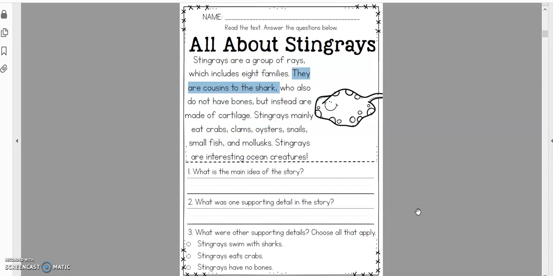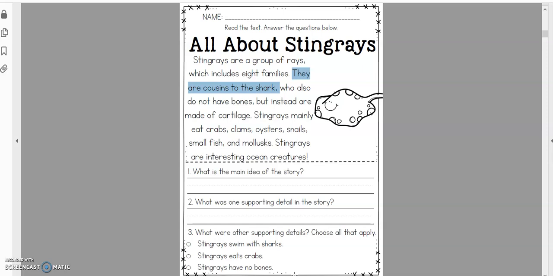Number 3 says, what are other supporting details? Choose all that apply. That means that there may be more than one answer here. So let's look at these 3 sentences and decide, are any of these supporting details? And then I want you to think about them in your head and see if you agree with me. Stingrays swim with sharks.